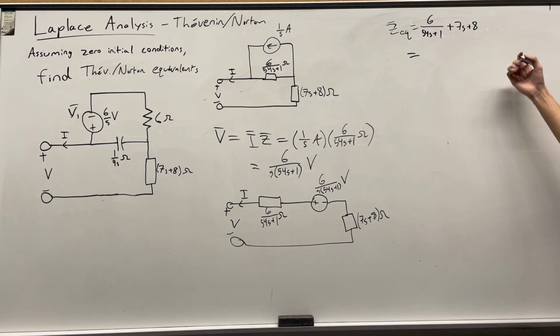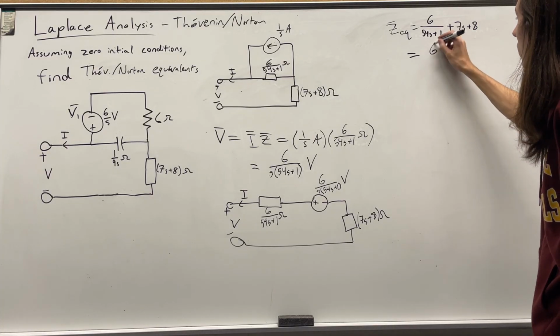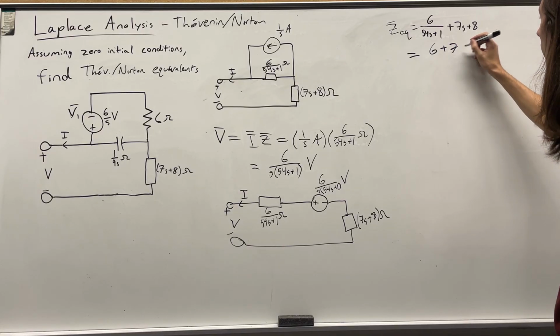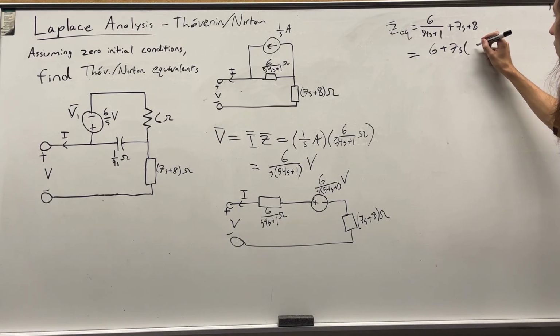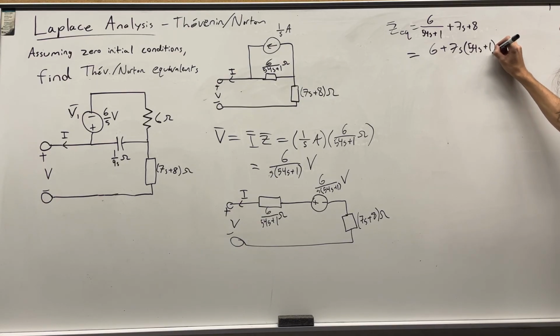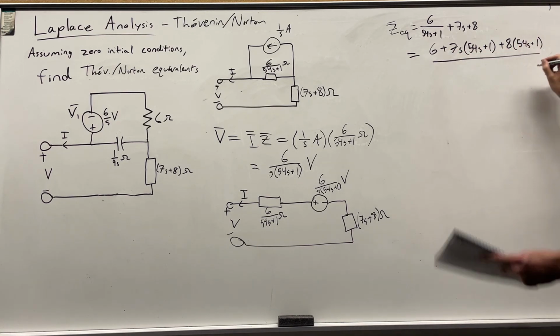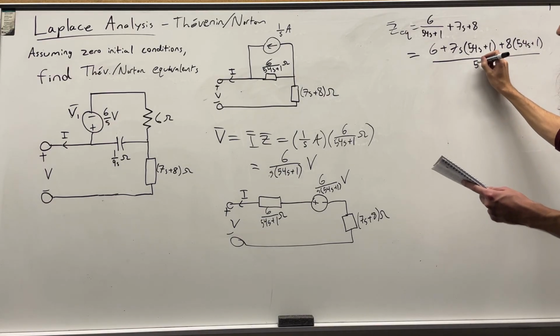So we'll multiply, not going to expand that, so we'll just say 6 plus, we'll not expand it yet, 7S plus 8 times 54S plus 1, and then all over 54S plus 1.